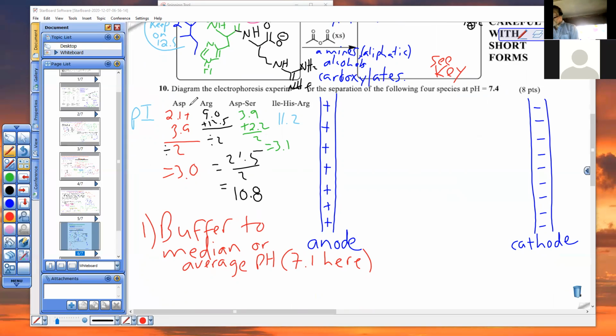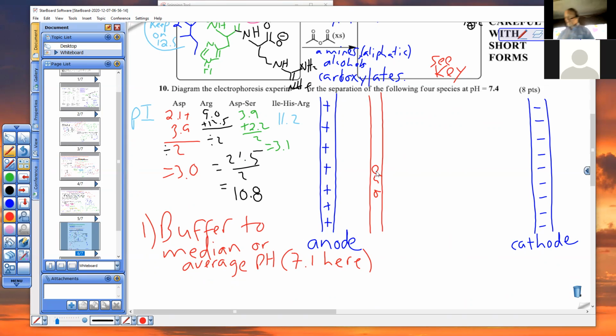And Asp, you took away a proton, it became negative, it's going to go towards the left. So we are going to say that Asp will form a band right here. In that band, we're going to have Asp.